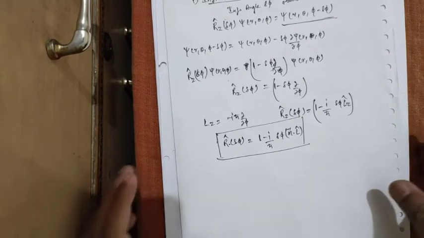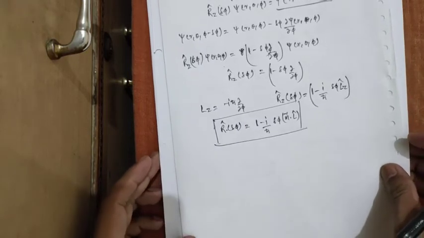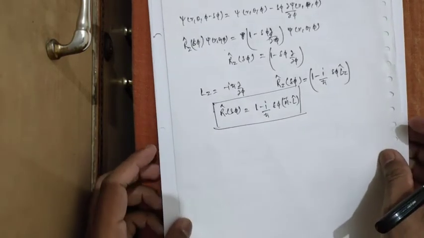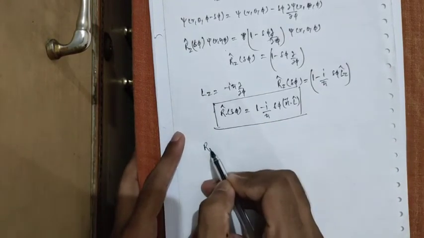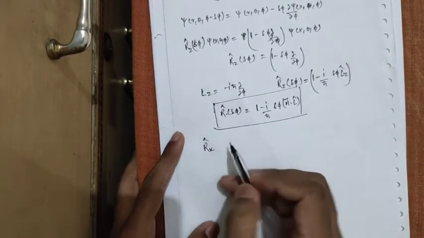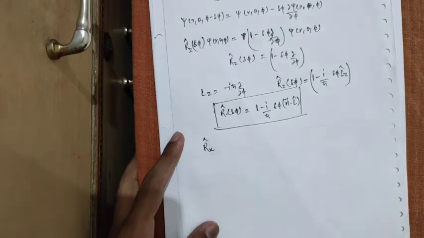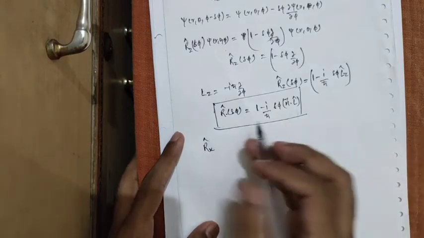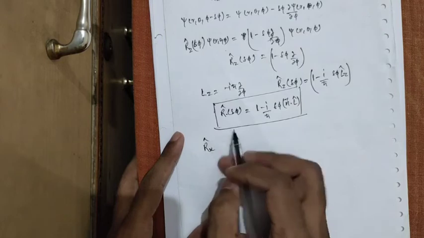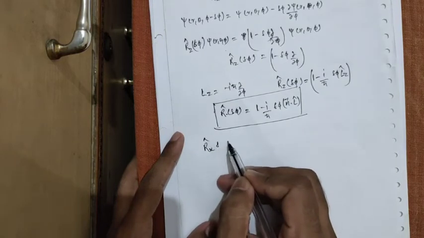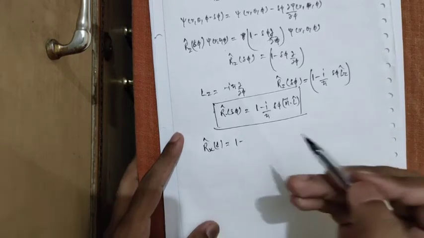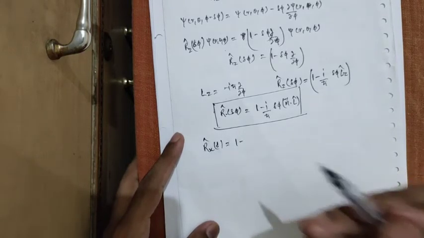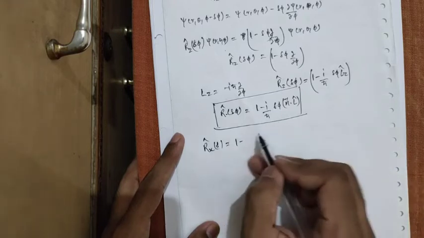Now let us derive the commutation relation between the angular momentum components with the help of rotation matrices. First write the rotation operator about the x axis for the infinitesimal angle del, and I am expanding the Taylor expansion up to the second power of del.